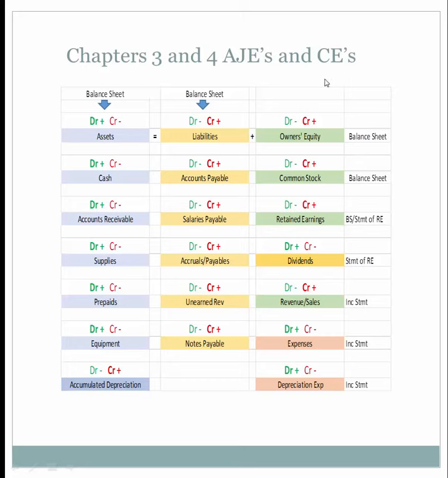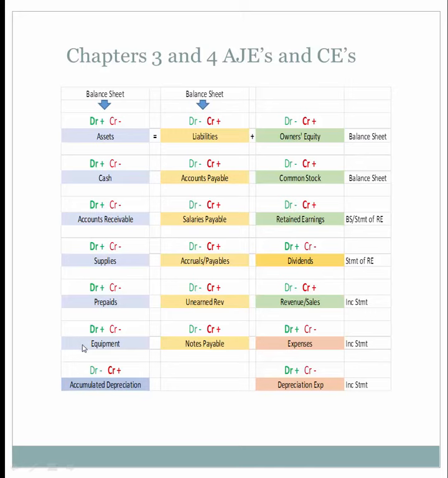Next, we learned about adjusting journal entries and closing entries. And we learned about a new type of account called accumulated depreciation, which is a contra asset account, and it is associated with a particular account. It is contra to that account. Since it is contra to that account, its normal balance is the opposite of the normal balance of the account with which it is associated.